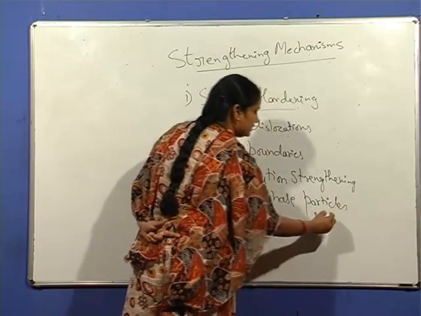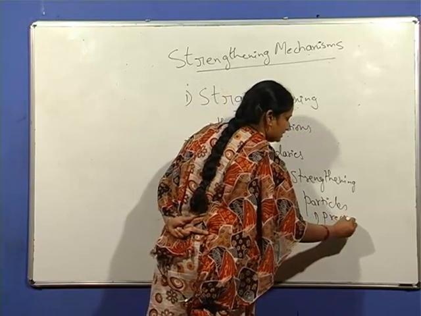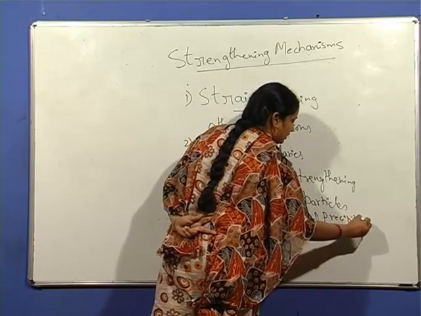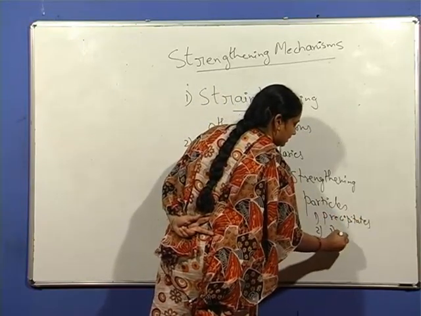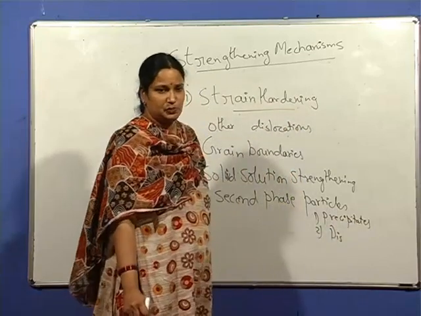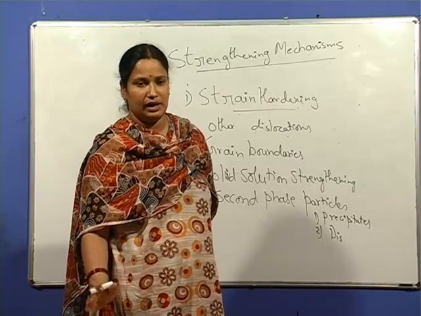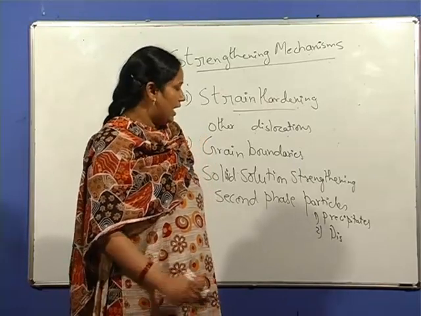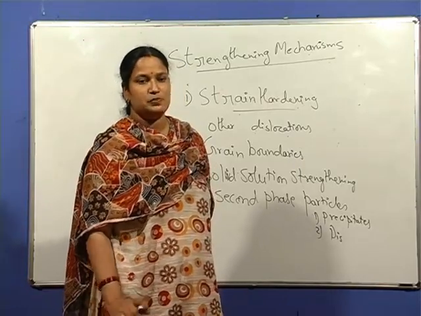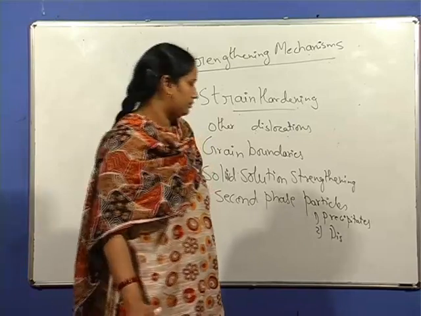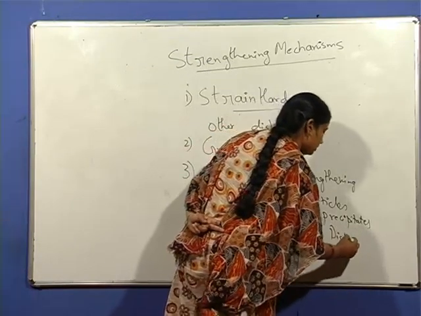Precipitates are seen in the precipitation strengthening mechanism or precipitation hardenable alloys, and dispersoids in dispersion strengthening.